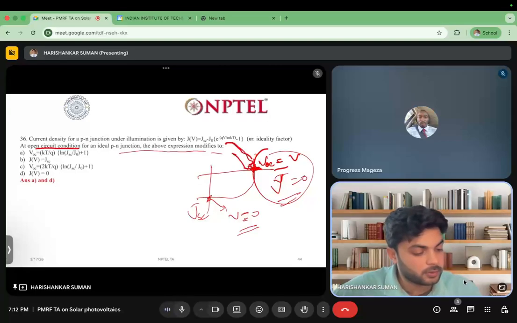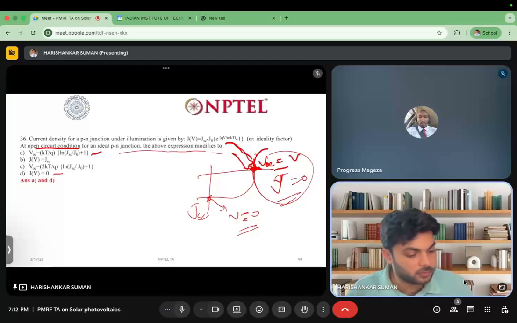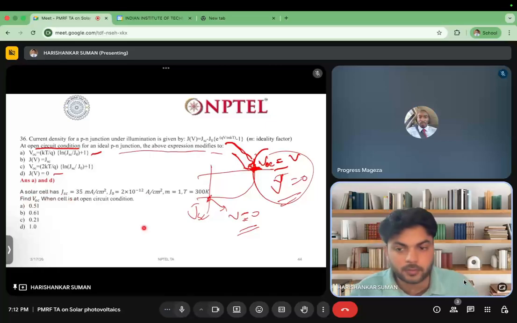So current will be 0, and you know the equation, JL by J naught plus 1, kT by q. And this is the next question for you. Please solve.